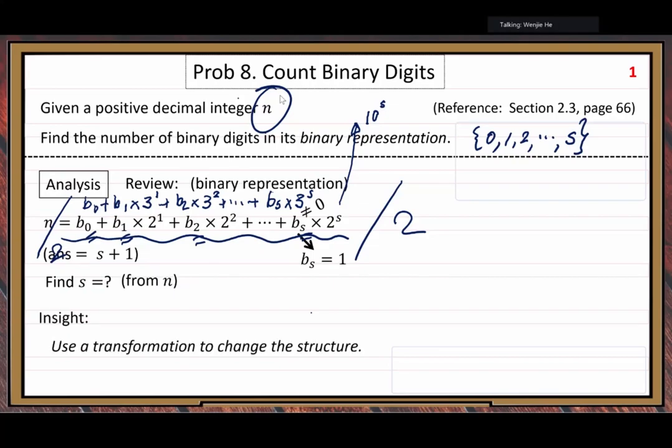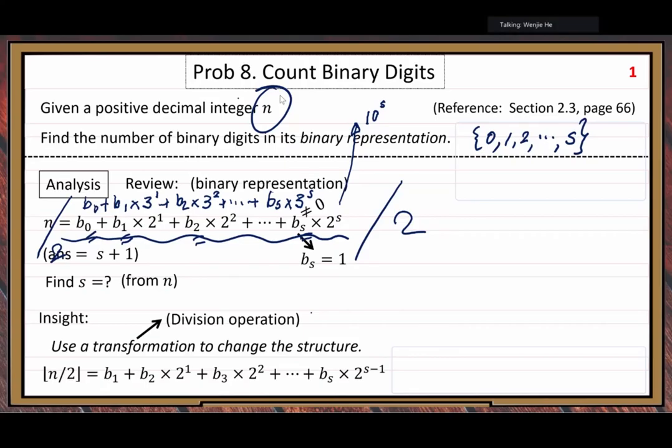Next. All right. So we decide we do division by 2, integer division. Now let's look at the division result. On the left-hand side, we need to use the floor function. On the right-hand side, you can see a nice representation.